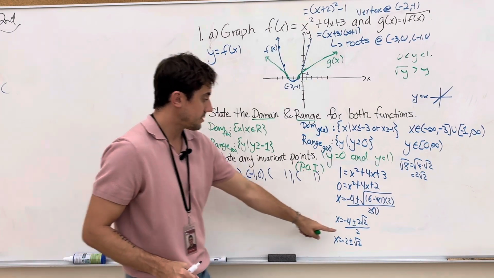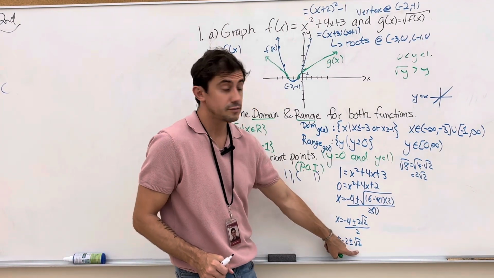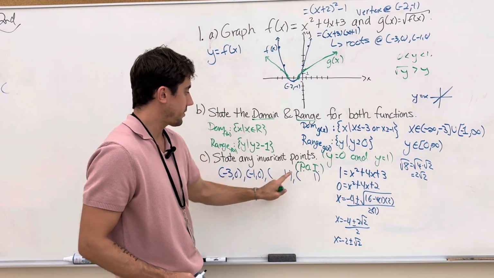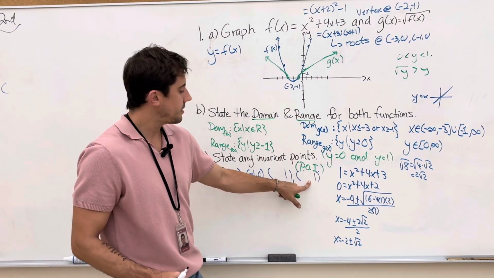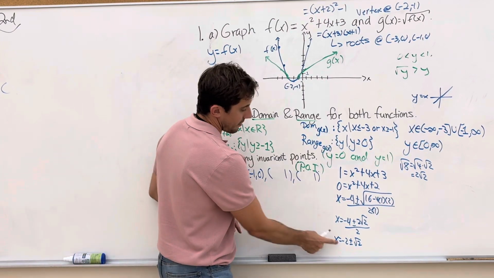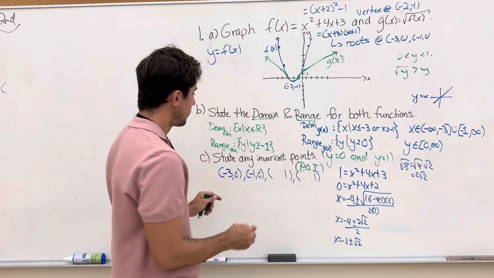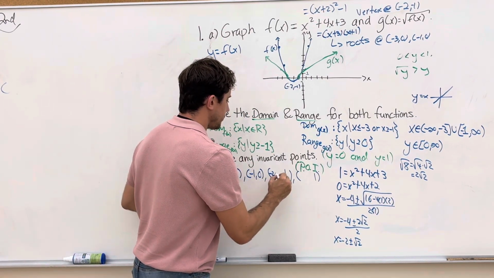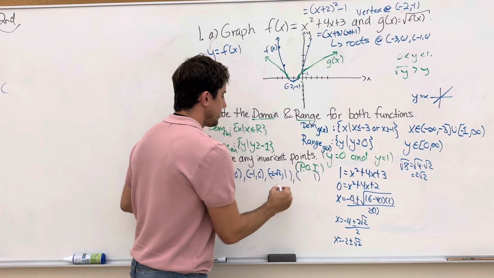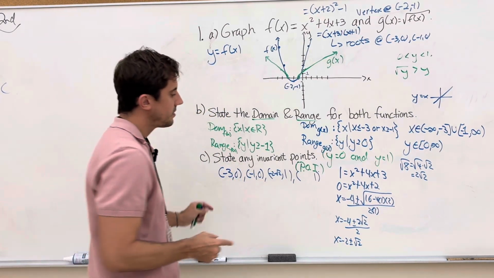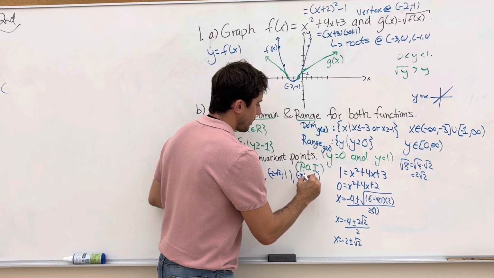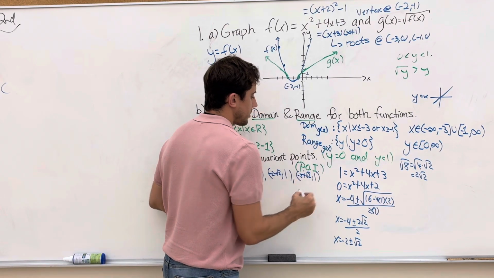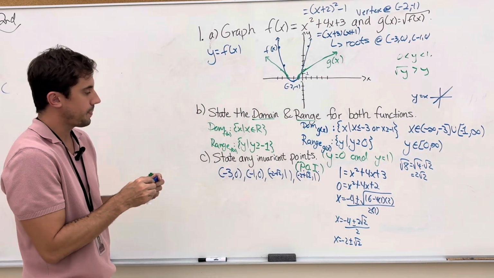And we get a positive or a negative version of root 2, providing us with both of our invariant points with a y-coordinate of 1. And so the first one will have -2 minus root 2, comma, positive 1. And the other invariant point will be at -2 plus root 2, comma, positive 1.